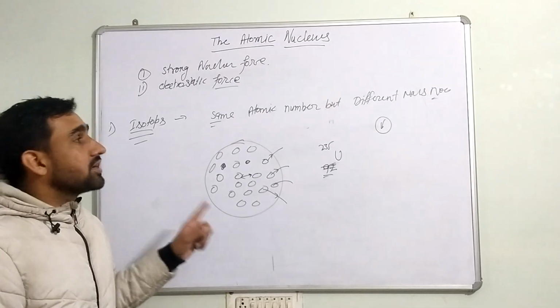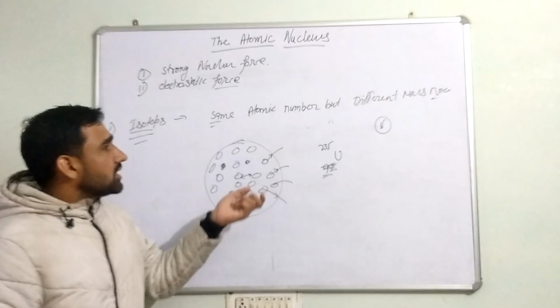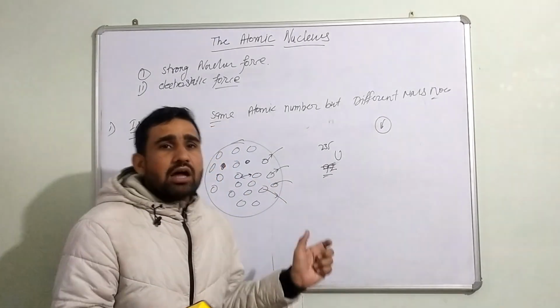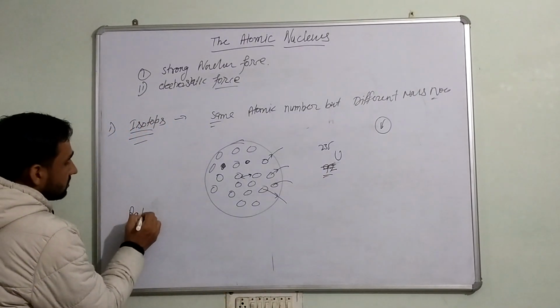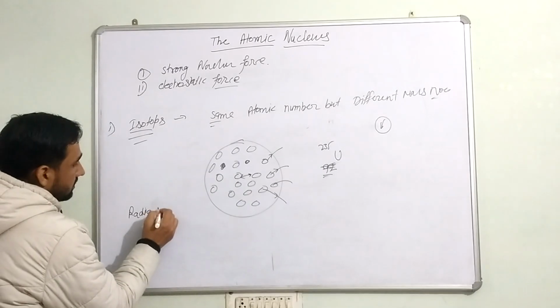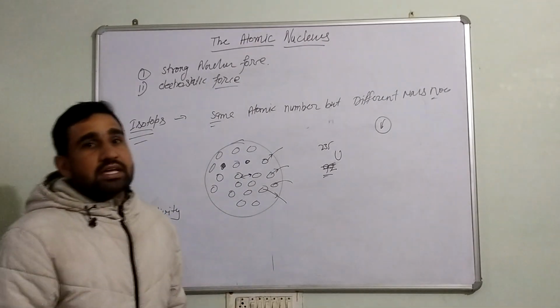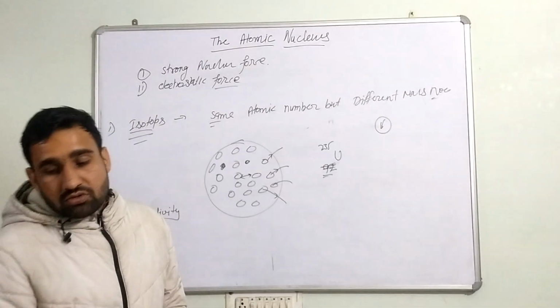So the source of radioactivity is the increase in the number of protons. So most of the heavy nuclei show radioactivity. If the size of the nucleus is increased, there is a possibility of radioactivity in the nucleus.